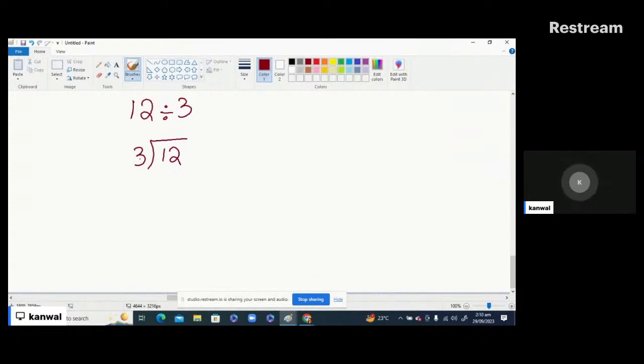Yes, 3 times which number is 12? 3 times 4 is 12. And when you subtract it, then you get the answer 0. So here you're gonna write your answer, that is 4. Okay.